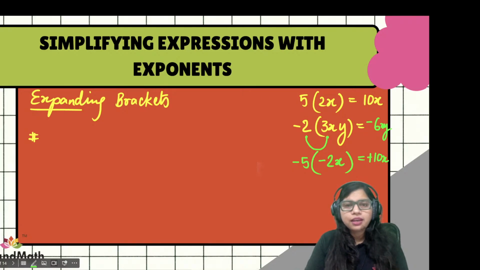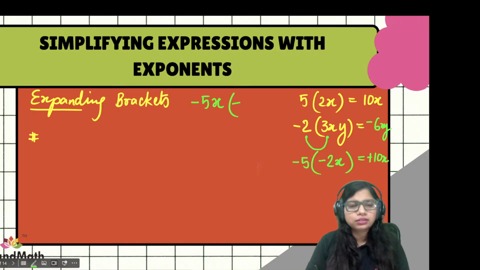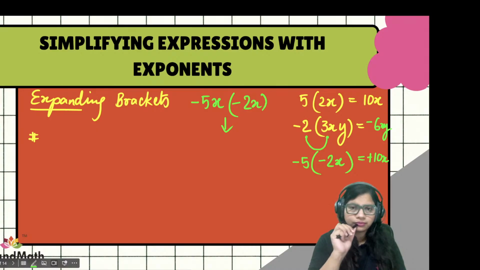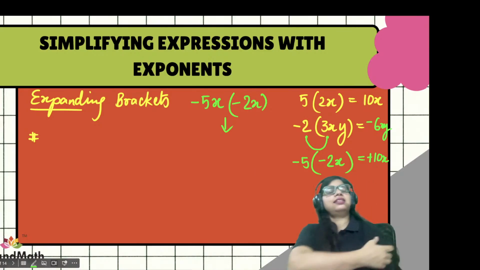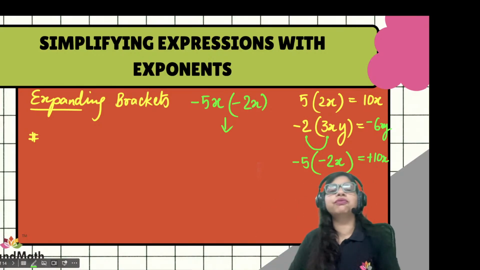Similarly, if I say minus 5x and inside the bracket, okay, not minus, but okay, minus 2x. How about this one? What will the answer be? And if you're clear with these things, our coming topic would be very quick.